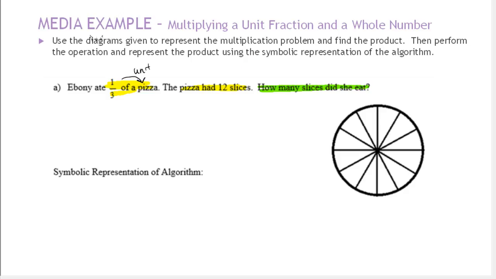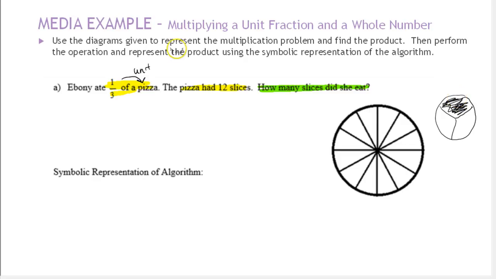Okay, so here the pizza, we have it cut into 12 pieces, but you can imagine another picture before it's cut, and if somebody cut it into 3 pieces, this would be the fraction of the pizza she had. Okay, it's going to be equivalent to some amount of slices. We don't know how many yet though.